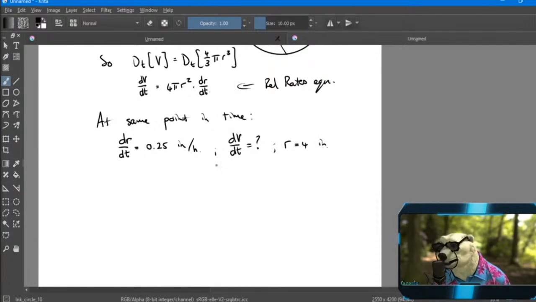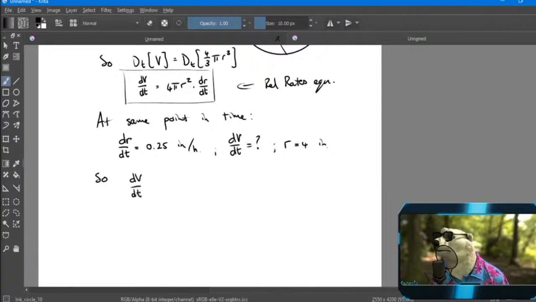Now all the units are going to match, so I don't have to worry too much about that. When I look at my related rates equation, I see that I have information for everything except the one I'm looking for. So I already have the dV/dt that I'm looking for solved and isolated on the left. I can just plug in everything. 4 times pi times 4 squared times negative.